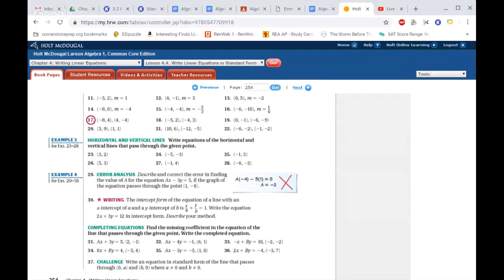Number 29. They actually accidentally plugged in the wrong coordinates, but I see what you're saying. They've got 1 and -4 as the ordered pair, and they plugged in a 1 for the y and a -4 for the x.